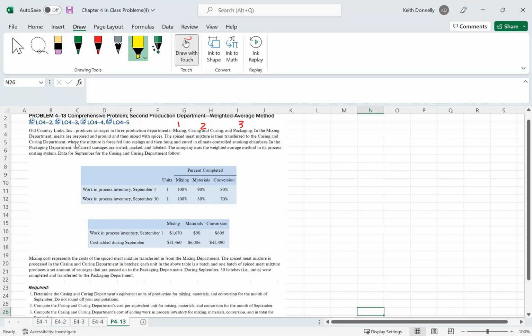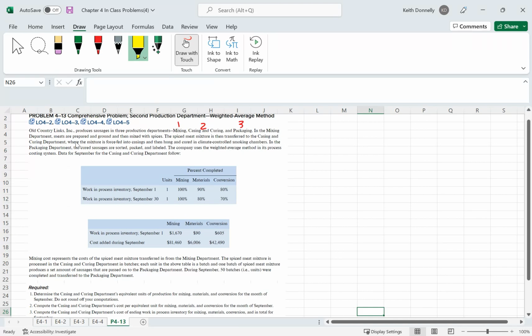And it says the spiced meat mixture is then transferred to the casing and curing department, where the mixture is force-fed into casings and then hung and cured in a climate-controlled smoking chamber. Once it goes from the one department to the next, it then puts them into the casings, the edible sleeve that the sausage meat goes into, and then they cure it and so on.